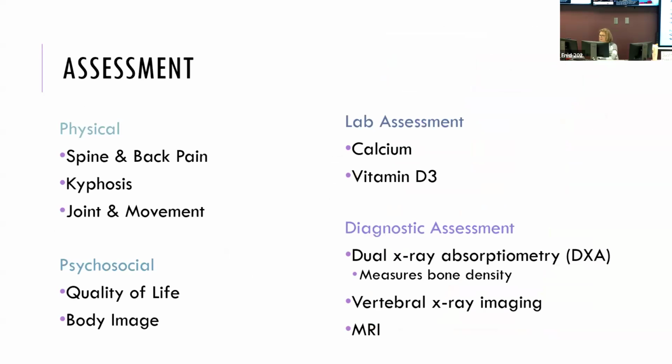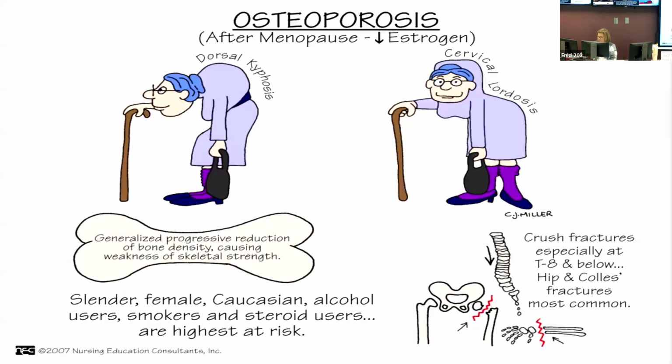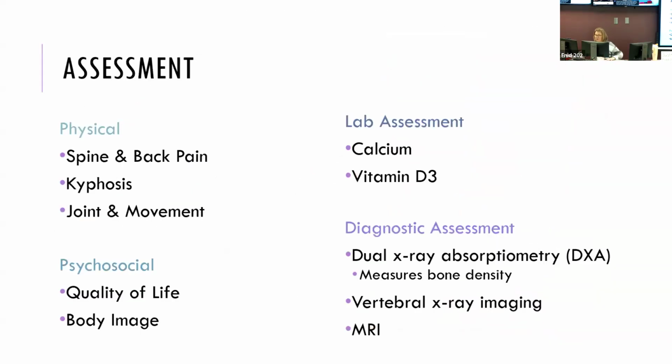So when you assess a patient like this, you're going to look at their spine and back to look for that lordosis. Or wait, do I have the right one? Okay. Oh, the kyphosis, that's what I was looking for. Joint and movement. The psychosocial would be quality of life and body image.